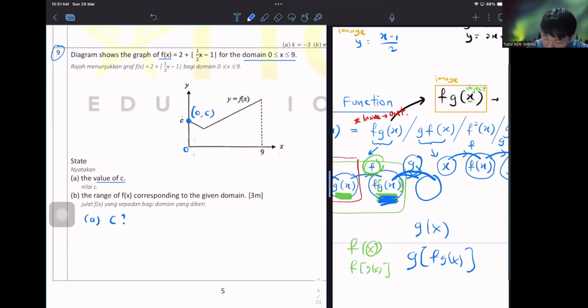So just sub x equals 0, or sub 0 into the object, and find the image. You should get the answer for C.